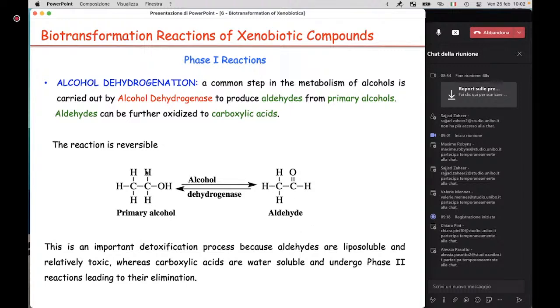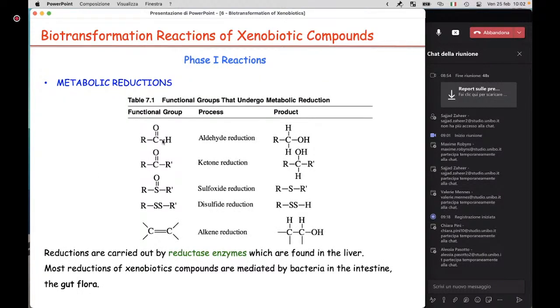So if we start from a big dose of alcohol, the reaction will go toward the aldehyde. But if we start from a big dose of aldehyde, the opposite mechanism can happen and we can have aldehyde reduction. And in this case, usually, we have a lower toxicity from the alcohol and also a more hydrophilic molecule than the original aldehyde.